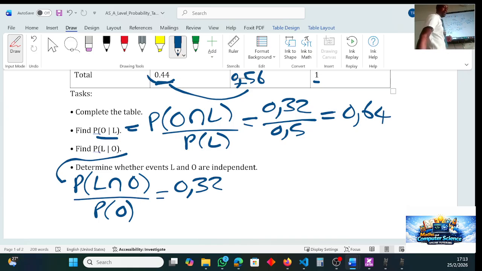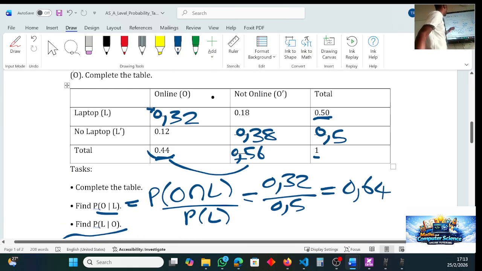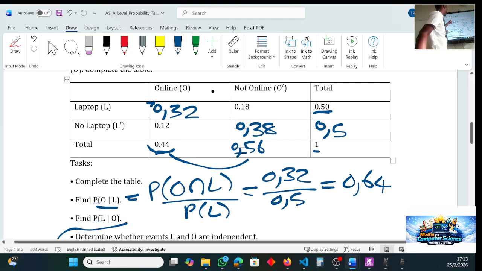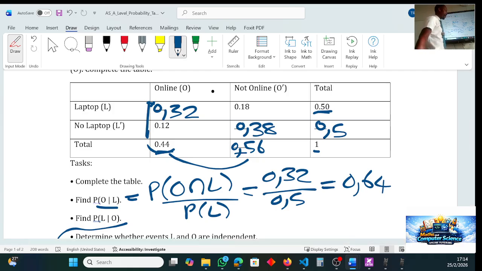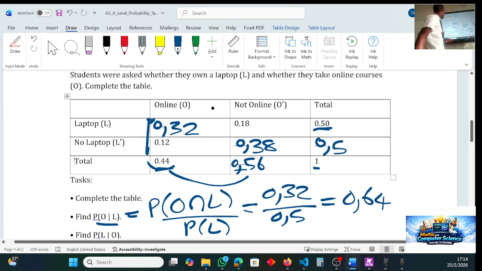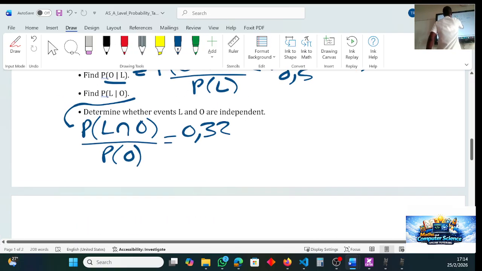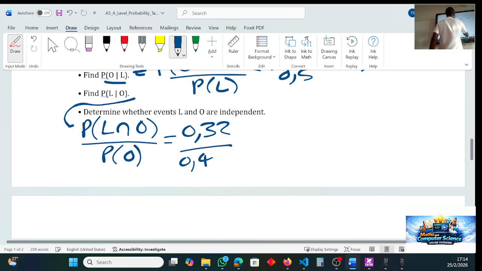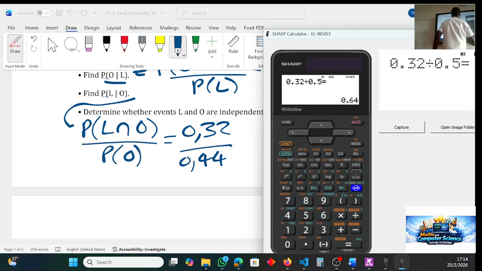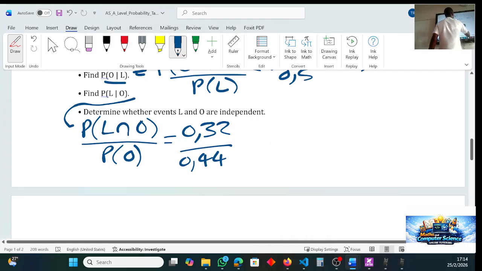Then for the probability that we have online, we are focusing mainly on this column, because online is a total of 0.44. So that's going to be my denominator, 0.44. When I simplify, 0.32 divided by 0.44 gives me 8 over 11. So let me have that as 8 over 11.